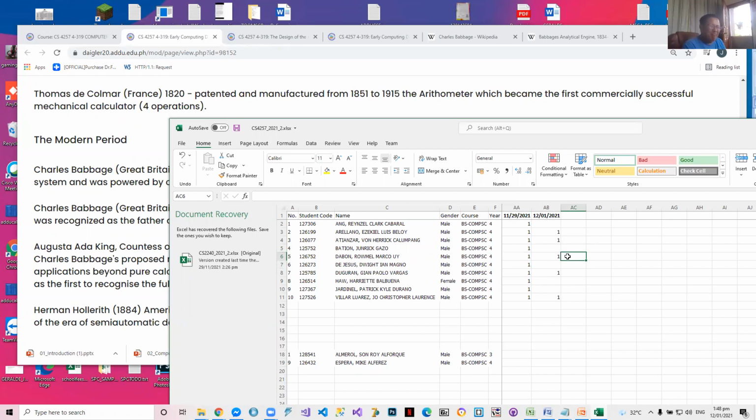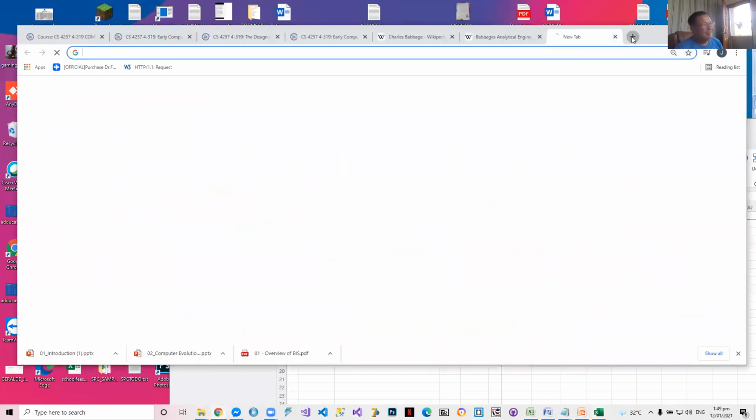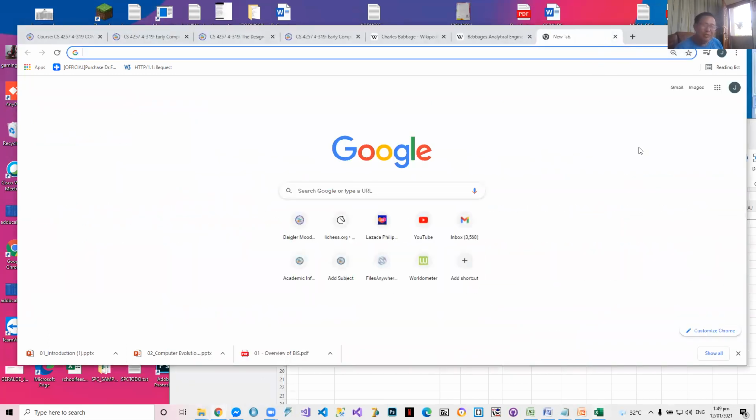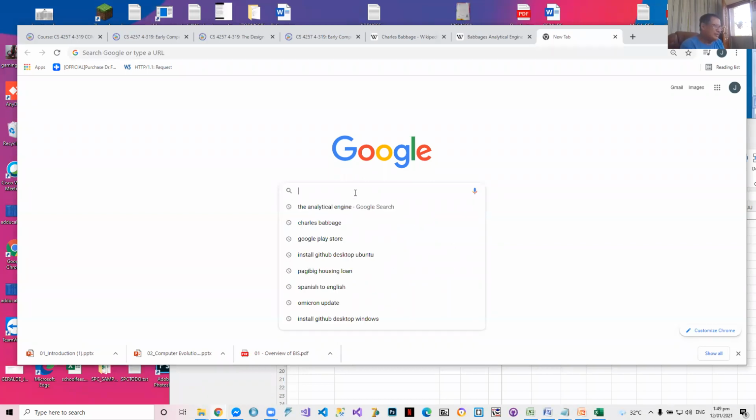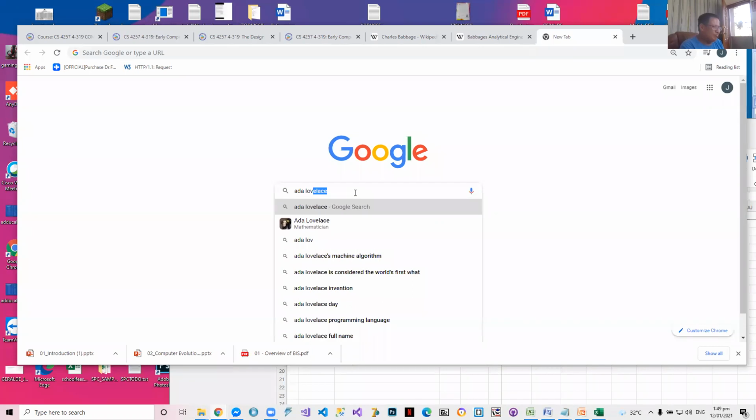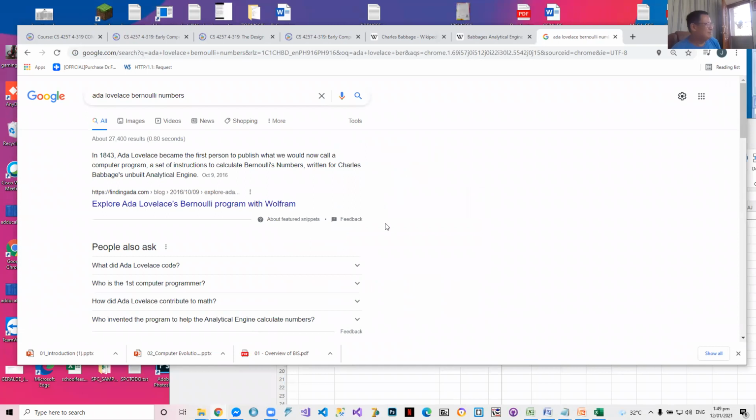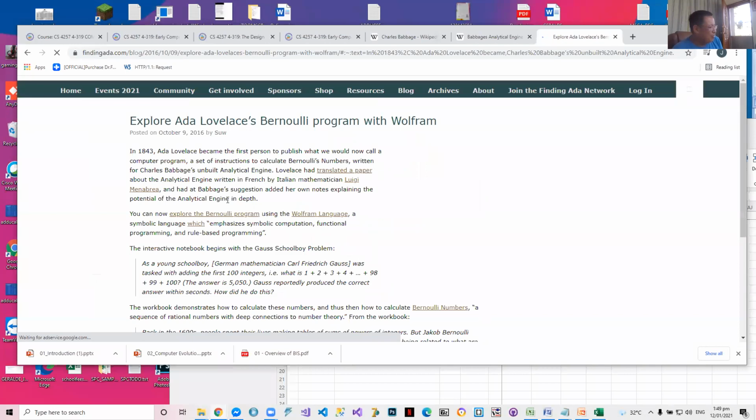How did she program? I'll give you a bonus. How did she program, anyone? Anong pinogram niya? Di-program niya yung analytical engine, di ba? Okay. Bernoulli numbers. Generation of Bernoulli numbers. Ito yung kanyang Bernoulli program.